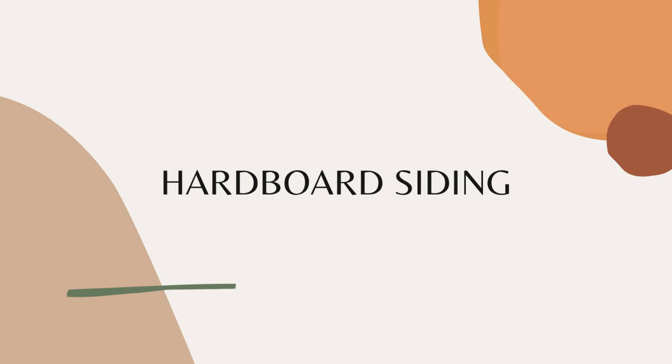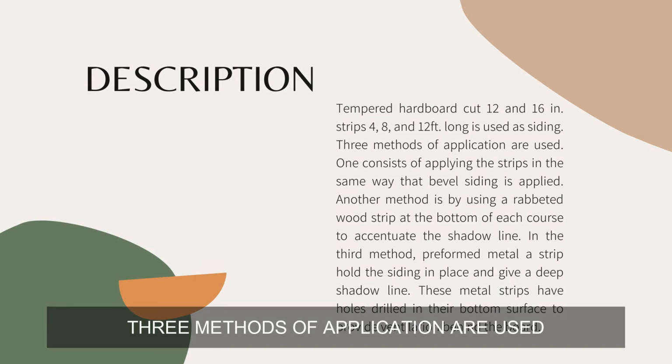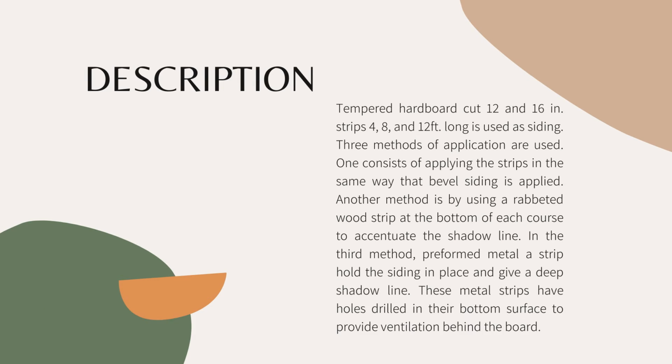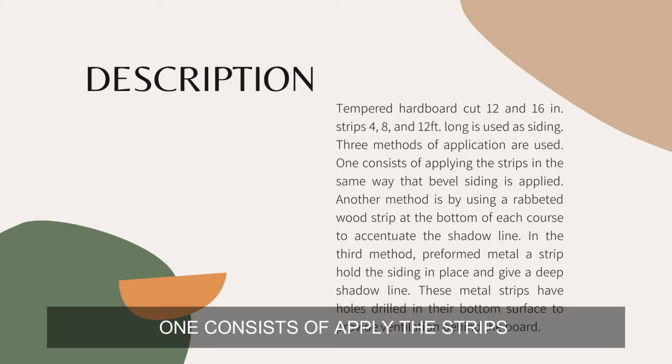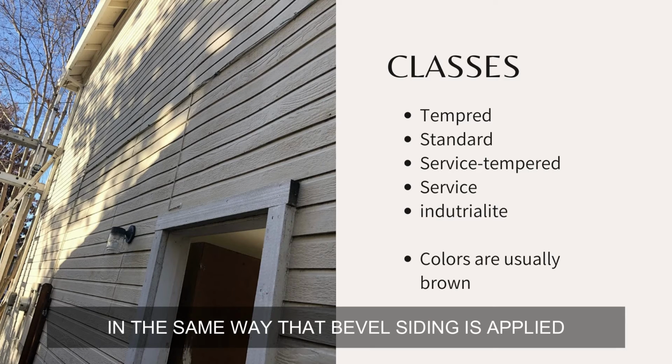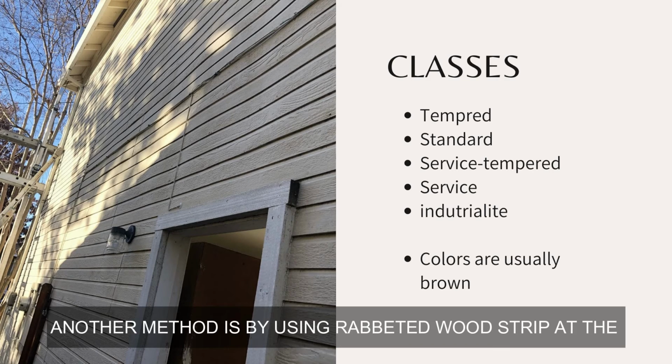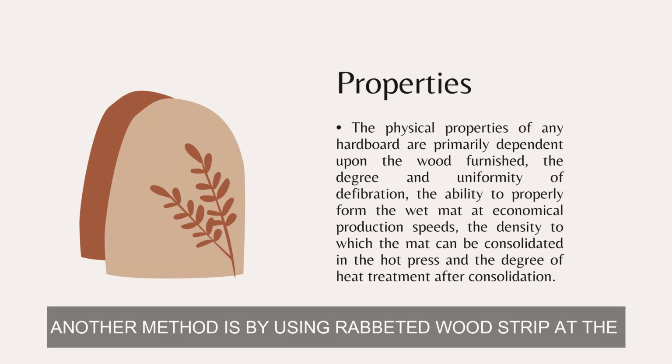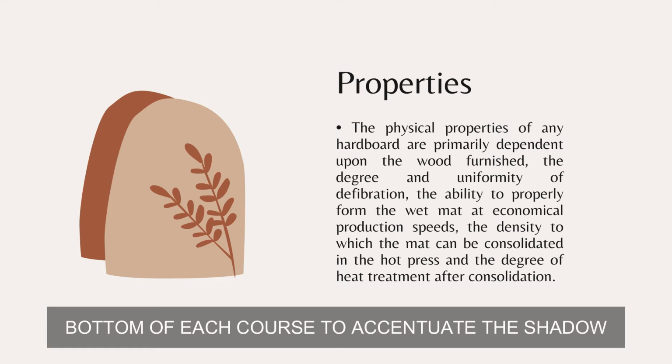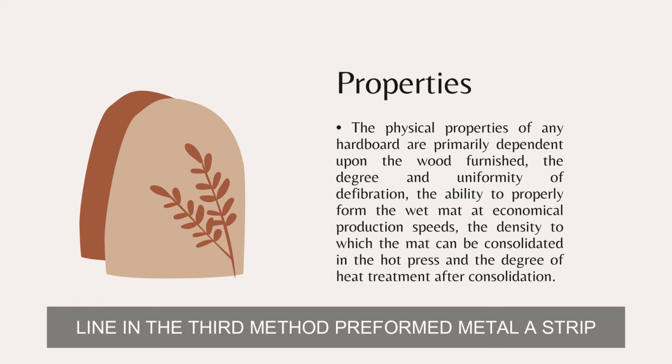Right next on the list, we have hardboard sidings. Three methods of application are used. One consists of applying the strips in the same way that bevel siding is applied. Another method is by using rabbeted wood strips at the bottom of each course to accentuate the shadow lines.